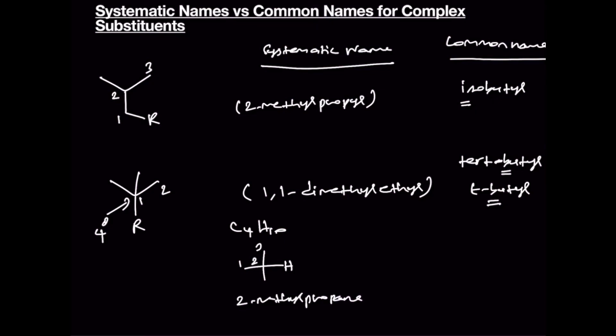So, you are basically knocking out this hydrogen, but this is a tertiary carbon, and that is why it is called tertiary butyl. Okay. Not because currently it is quaternary, but before knocking out the hydrogen, that carbon is tertiary, and that is why it is called tertiary butyl.